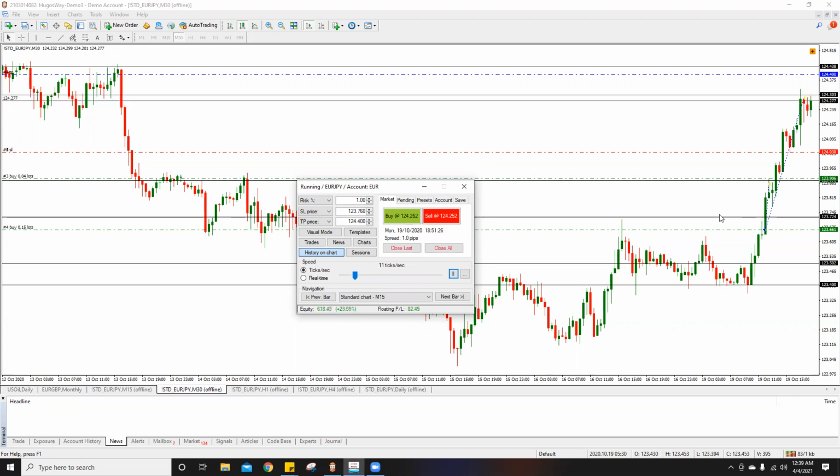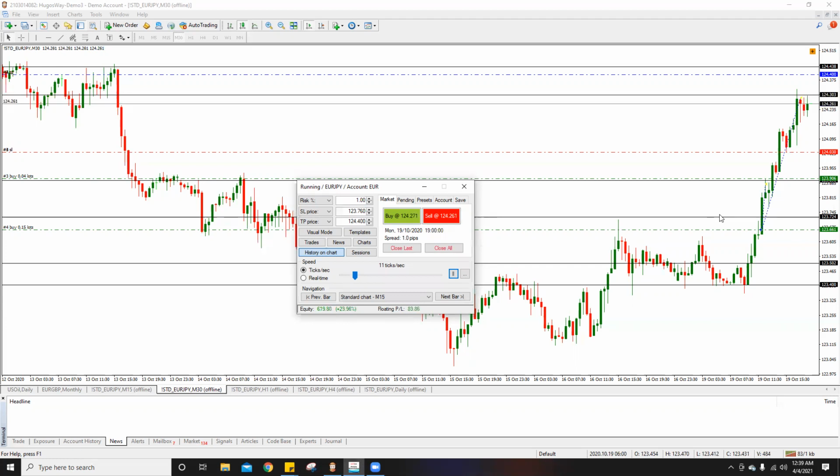So we're seeing that it's still rejecting that 124,300 area. Now we want to see, is it going to break above and go right into that consolidation area, or is it going to continue bearish and come right back down? So it seems like it's consolidating a little bit here.